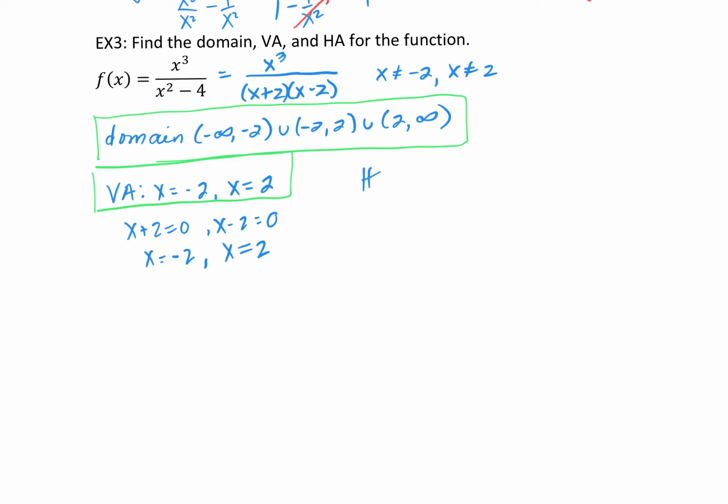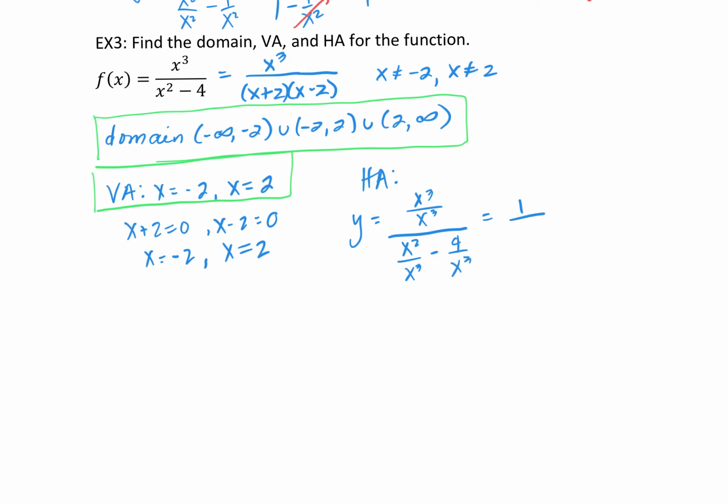Maybe I'll just go right here. We're going to take our y equal to x to the third over x squared minus 4, divide everything by x to the third. So in the numerator, we're going to have x to the third over x to the third. Denominator is going to be x squared over x to the third minus 4 over x to the third. And then in the numerator, that's going to reduce to 1.